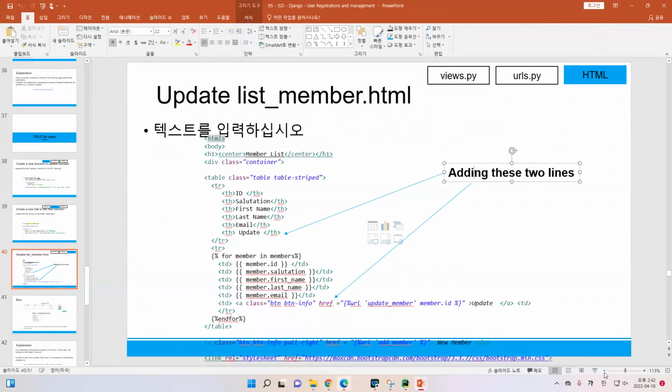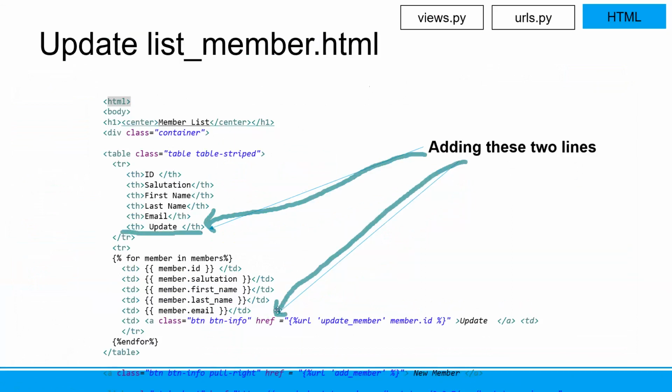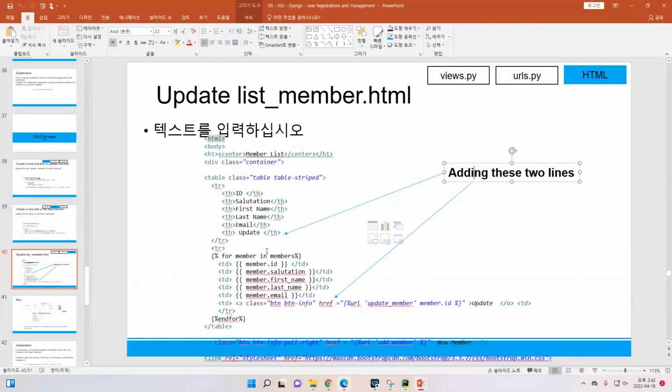The first part you can add in the table: in the header, I'm going to add one more, which is update, and in the table itself, I'm going to add one more column about update. So let's put this update.